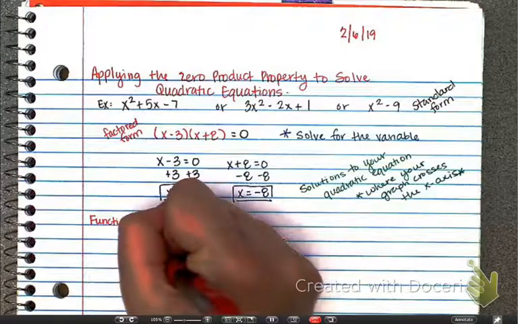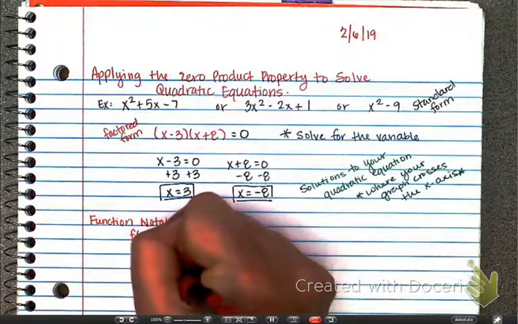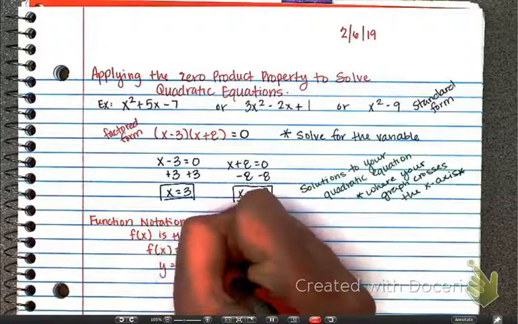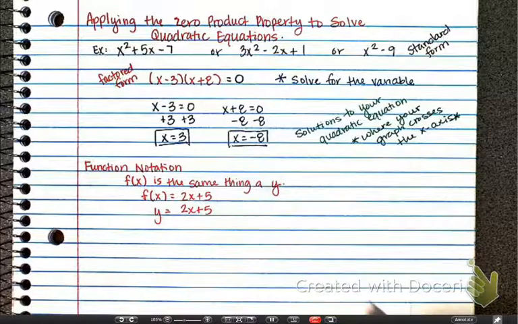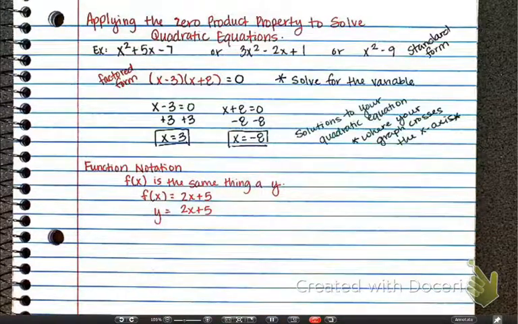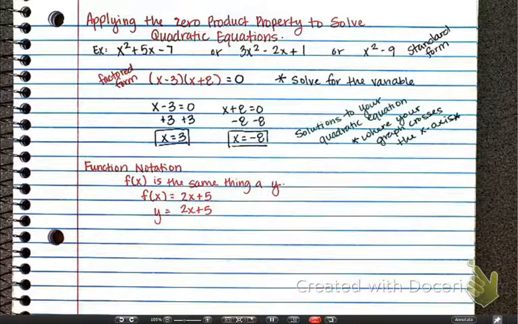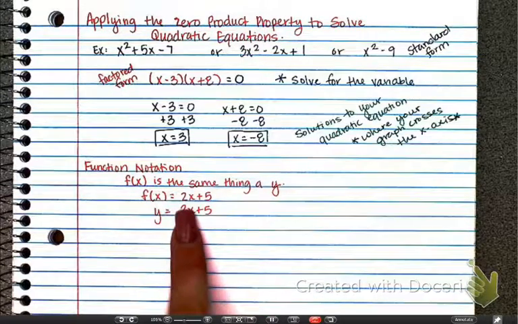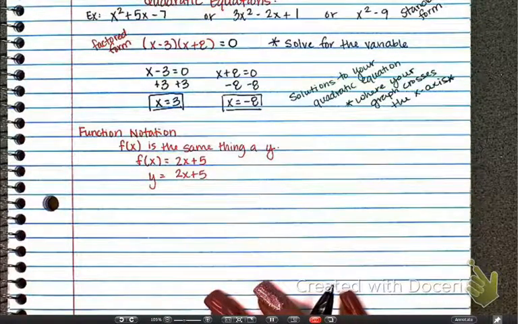So I can write f of x equals 2x plus 5, or I can write y equals 2x plus 5. Okay, it means the same thing. The difference is typically when we use function notation, we are going to plug a value in, in this case for x. Okay, that's typically when we see the difference, but just know that you could see both of those notations and it's going to mean the same thing.